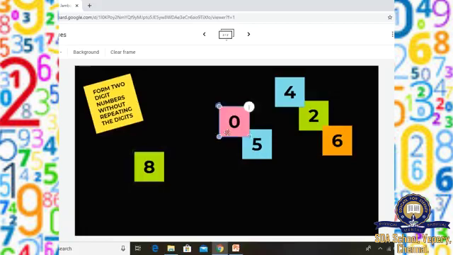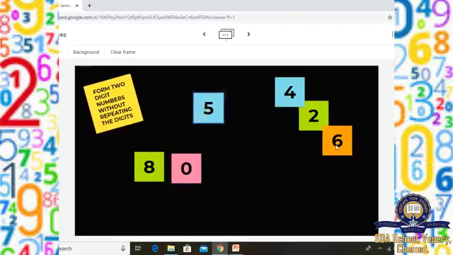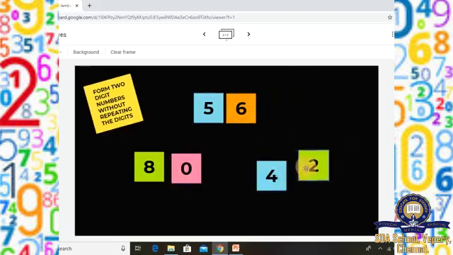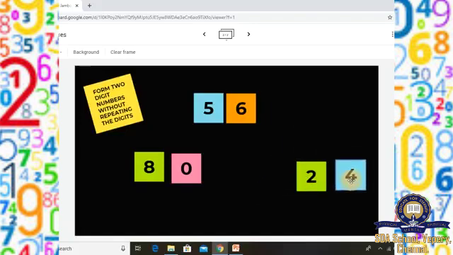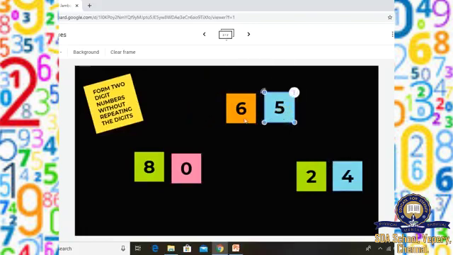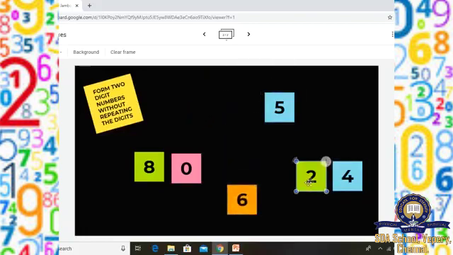So 8, 0, combining these two together we can form 80, 5, 6, 56, 4, 2, 42, as well as by reversing we can form 24, 65. By combining 6 and 2 we can form 62. Likewise, we can combine any two digits and form a number.